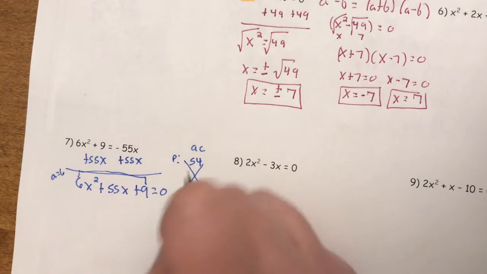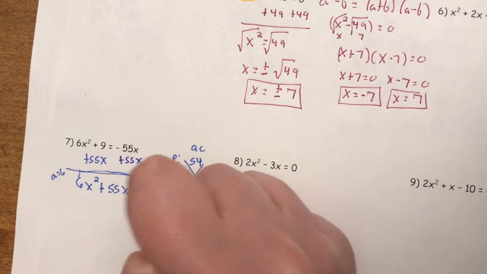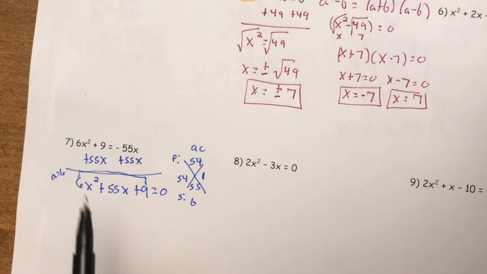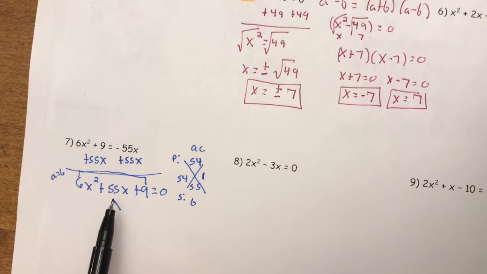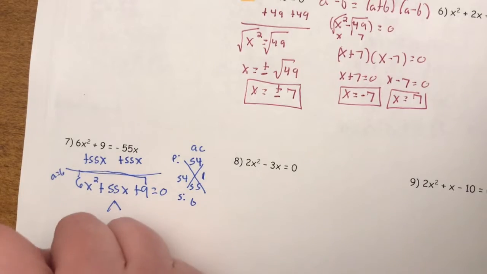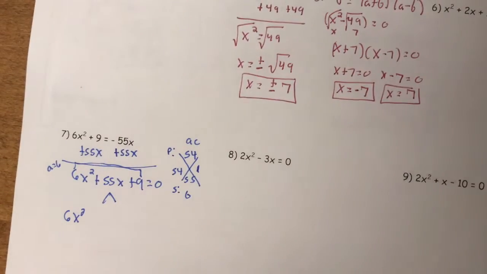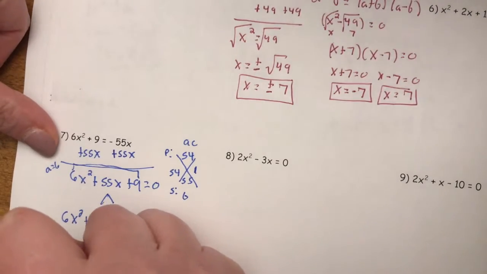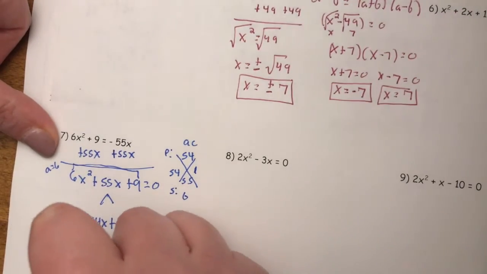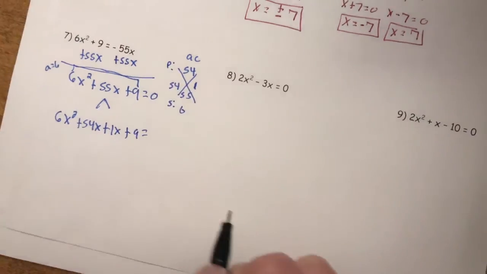The factors of 54 that add to 55 are 54 and 1. So now all we're going to do is rewrite our quadratic trinomial using these new factors. We're going to split up our b term. So when I rewrite this, I get 6x squared plus 54x plus 1x plus 9, and I set that equal to 0.